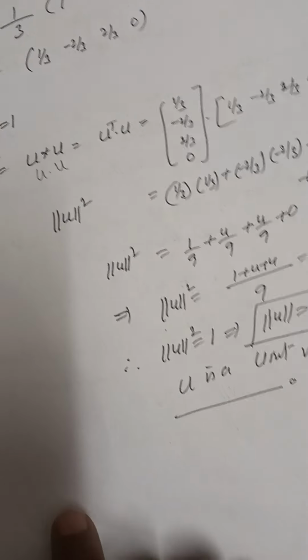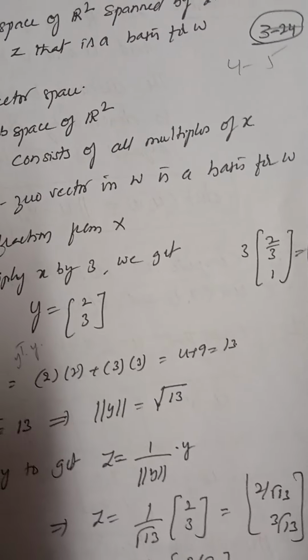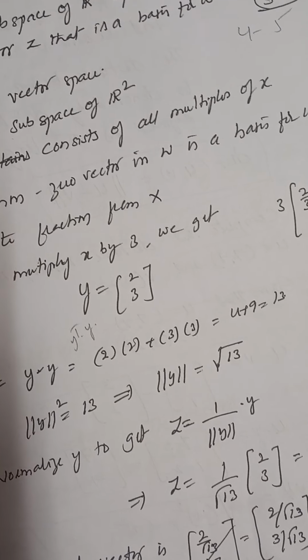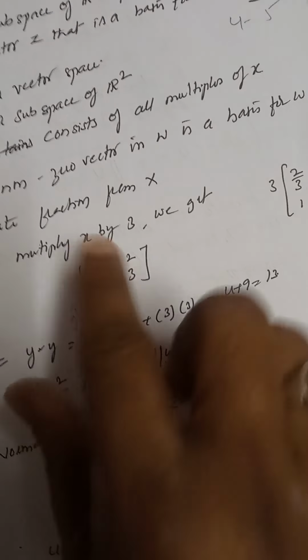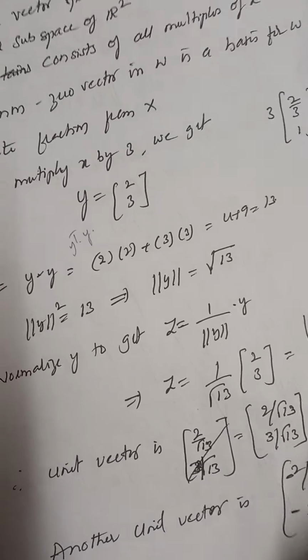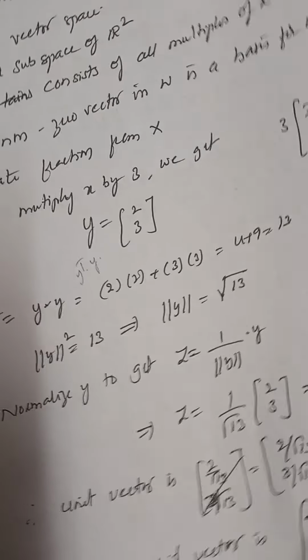Next, one example based on unit vector. W is a subspace spanned by some x. Find a unit vector z such that it is a basis for W. You know how to find the unit vector. Unit vector is nothing but u by norm u.